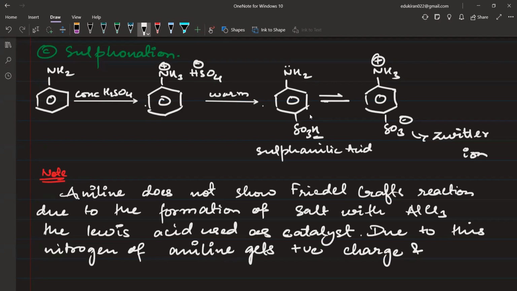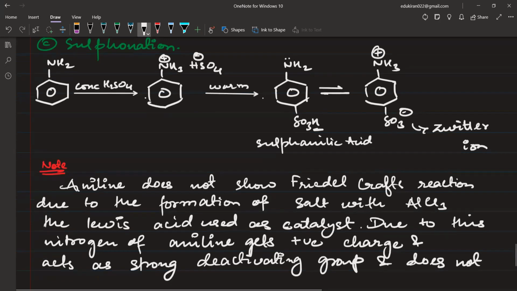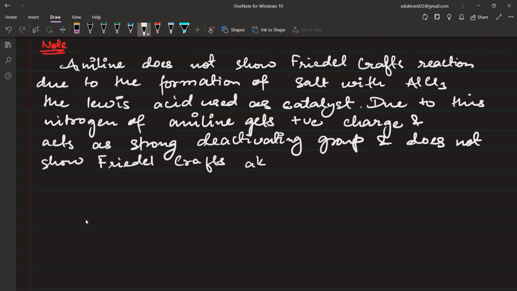Positive charge and acts as strong deactivating group. And does not show Friedel-Crafts alkylation and acylation.